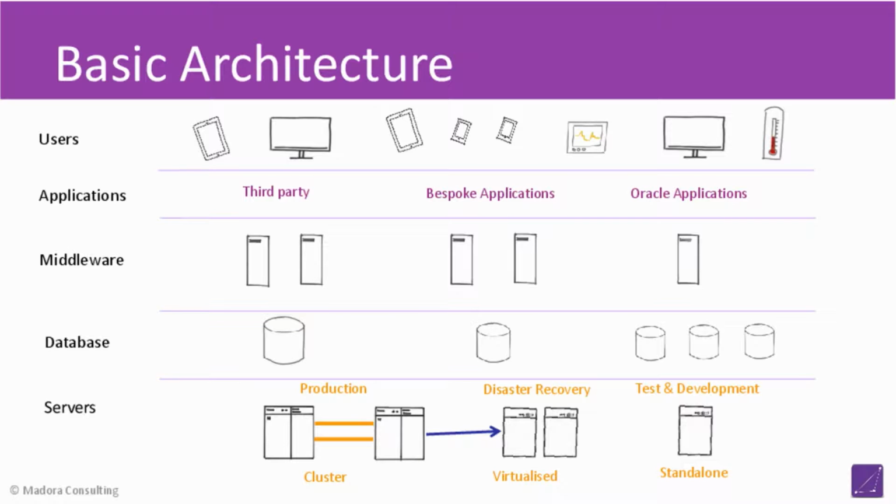There are various types of users that need to be counted. For example, users with a login ID that add data directly into the database, or perhaps somebody like a telephone engineer sending regular information to the database through an iPad when they're doing broadband installations, for example, or a temperature measuring device that's connected directly, sending regular updates.